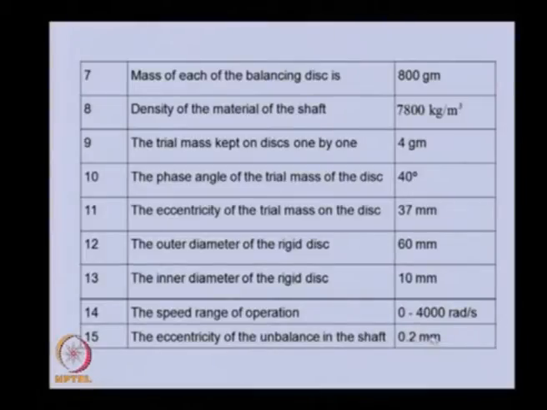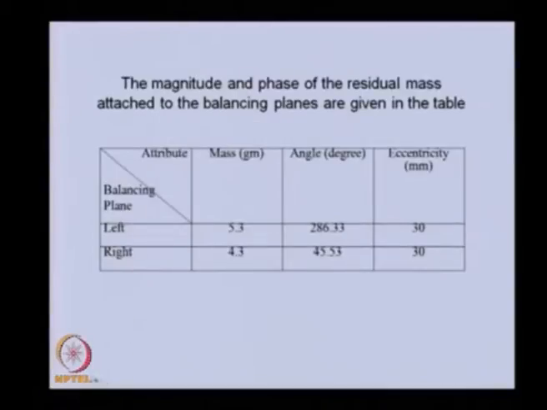This is regarding the residual unbalance, and this is the trial mass, so there are two different things. This is the residual unbalance, and we have two planes, left plane and right plane. The mass in grams of the residual unbalance is given here, their orientation is given, and the eccentricity is given here.